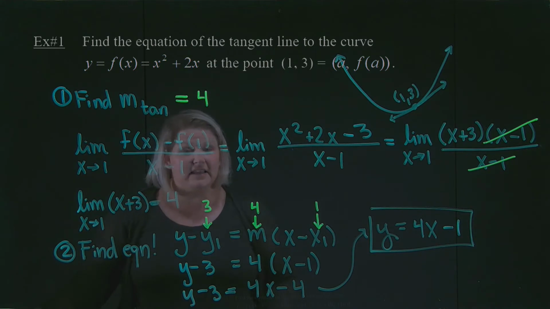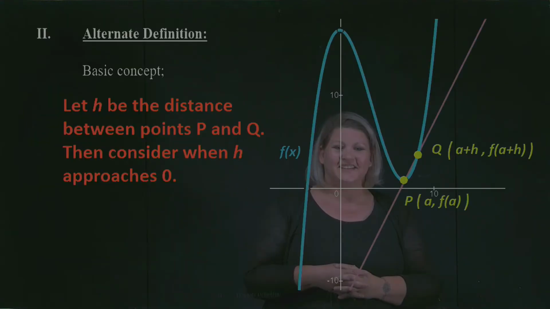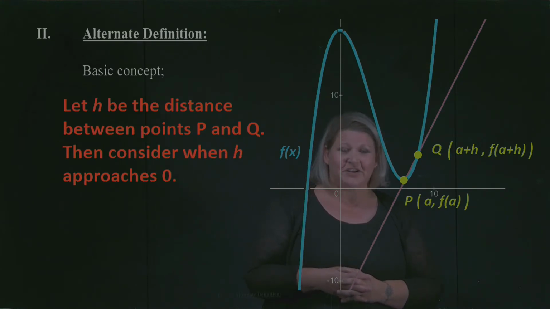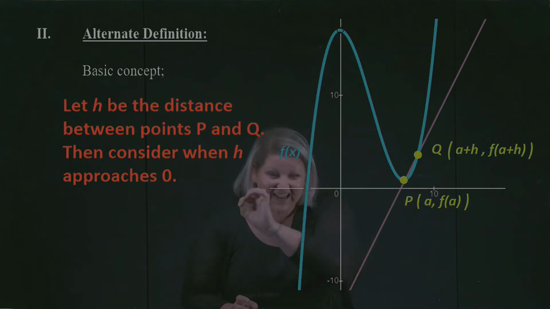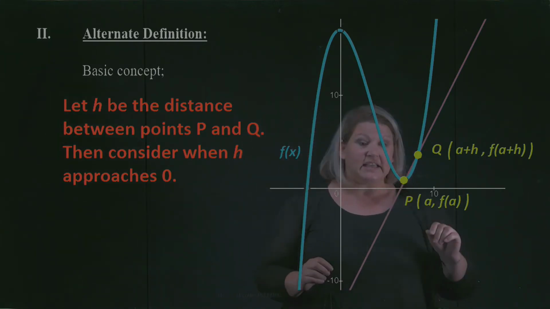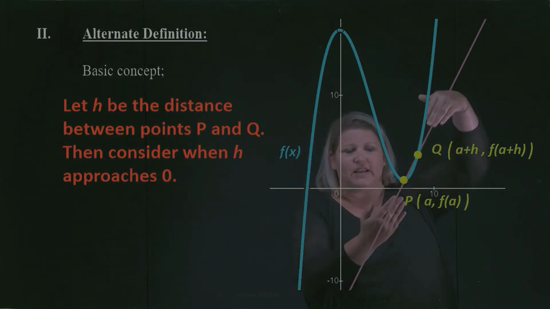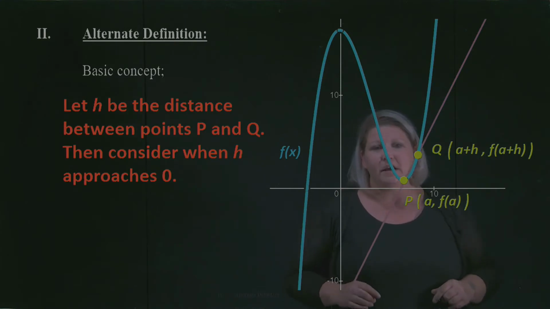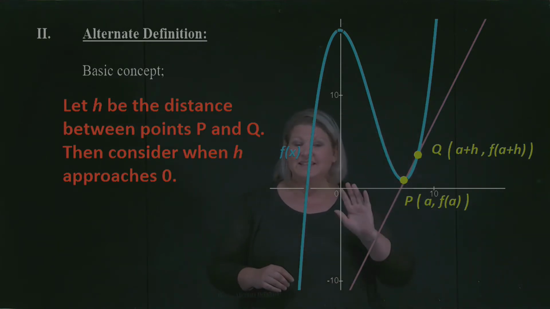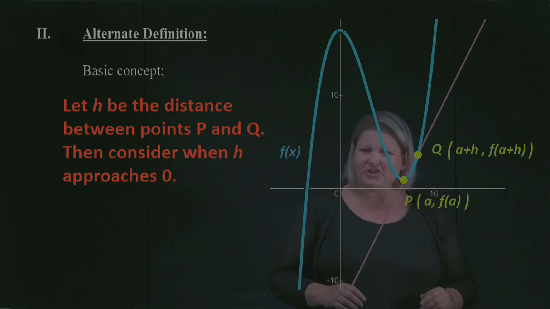Okay, let's look at the alternative definition for a tangent. The alternate definition for the slope of the tangent can be thought of in a slightly different way. Again, we have points P and Q, and we're imagining that they're getting closer and closer together. But instead of thinking of it with x's and a's, we think about it with a's and h's.